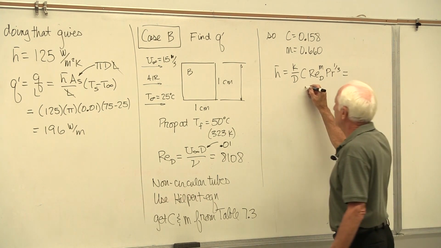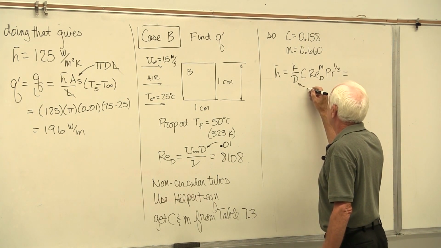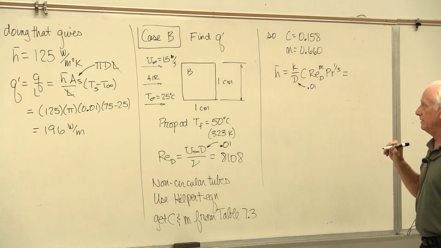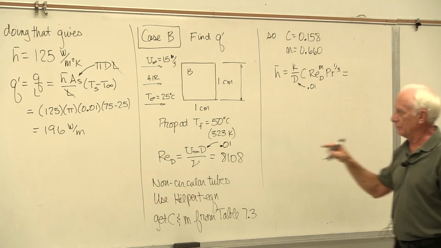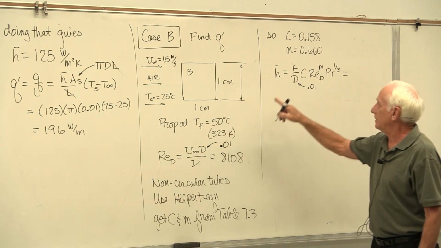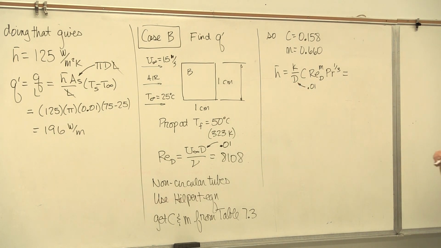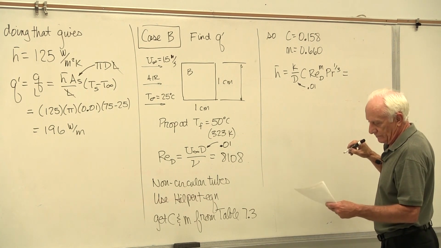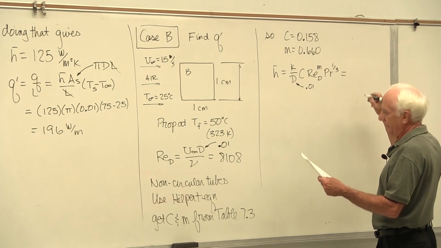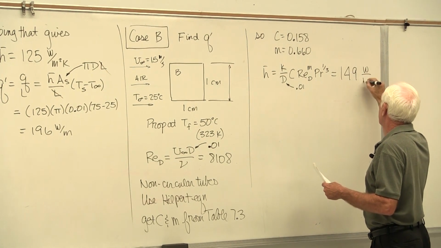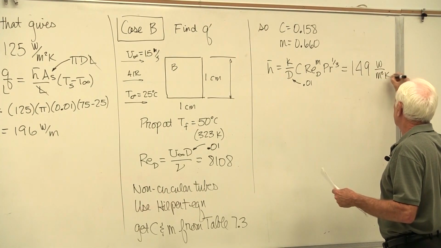D is wherever you see a D now, D is 0.01. Where does D appear? It appears in the Reynolds number. It appears in the Nusselt number. So put 1 centimeter. And for H bar for this geometry, 149 watts per meter squared. Okay.